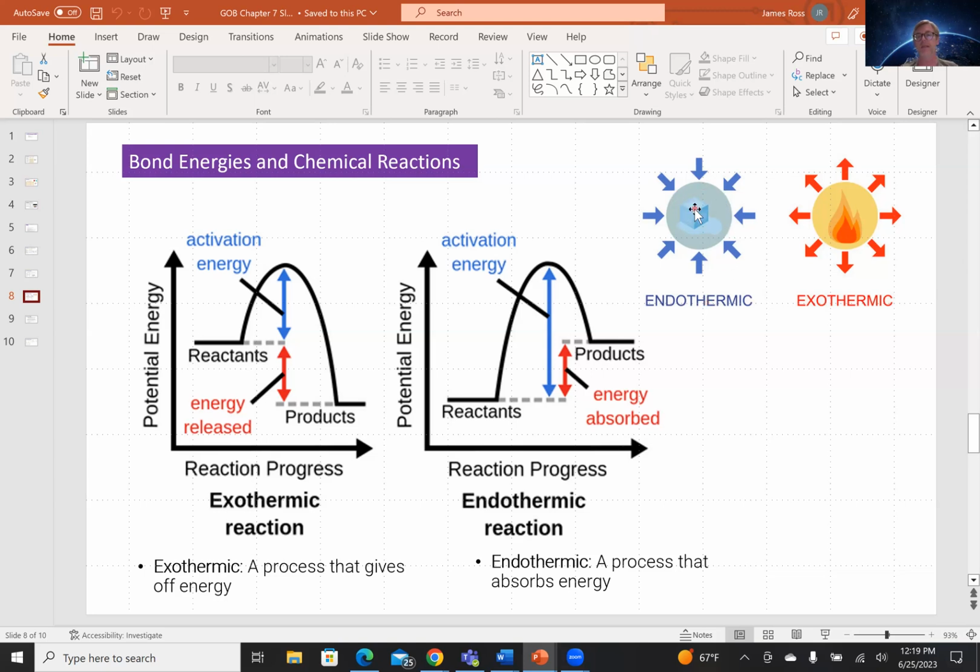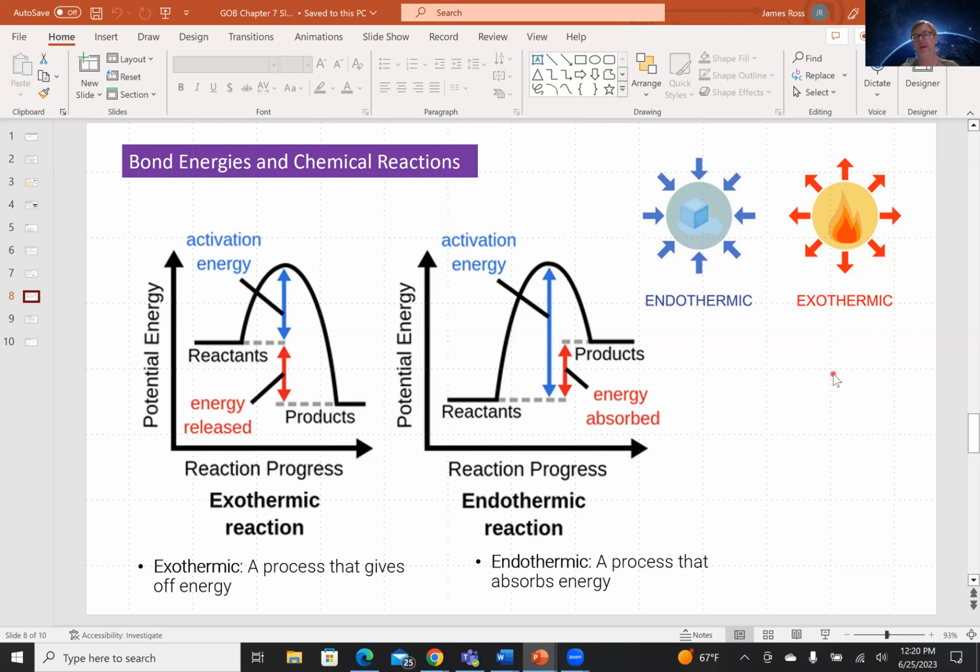So for example, an ice cube will melt because energy is entering it on the assumption that it has a lower temperature than its environment, and energy always flows from a higher temperature to a lower temperature. So if you're a lower temperature like an ice cube, energy will enter you, and that would lead to melting of the ice. That's an endothermic process.